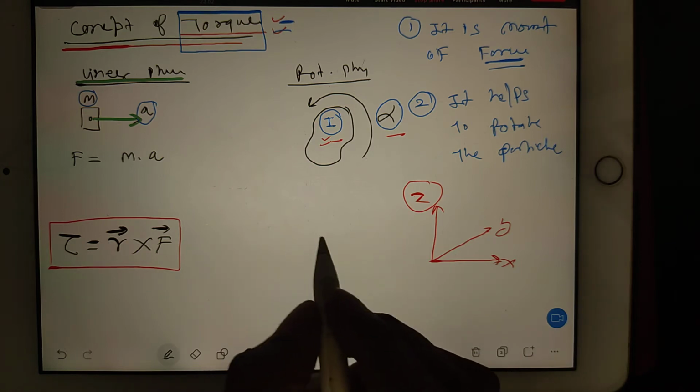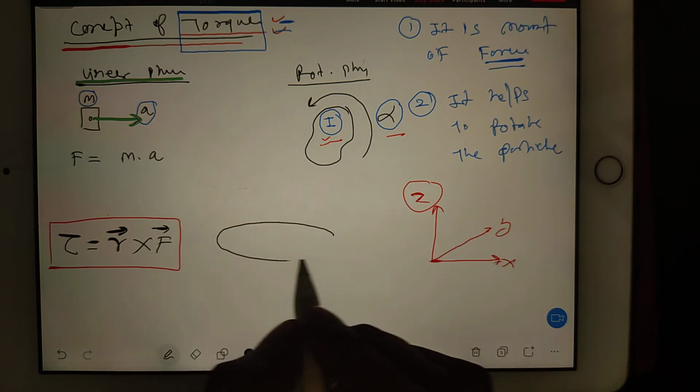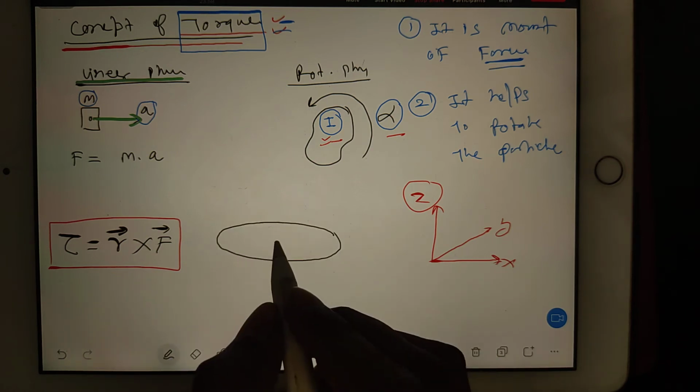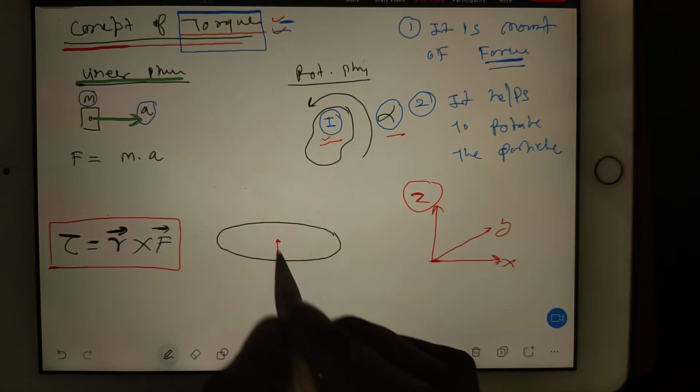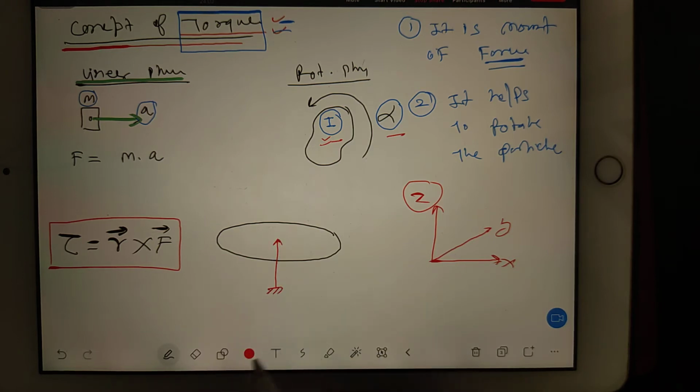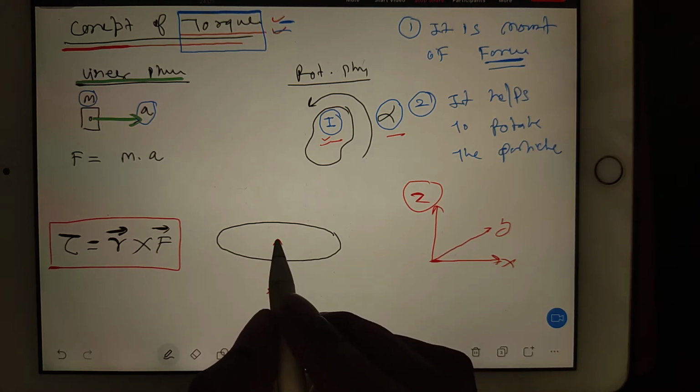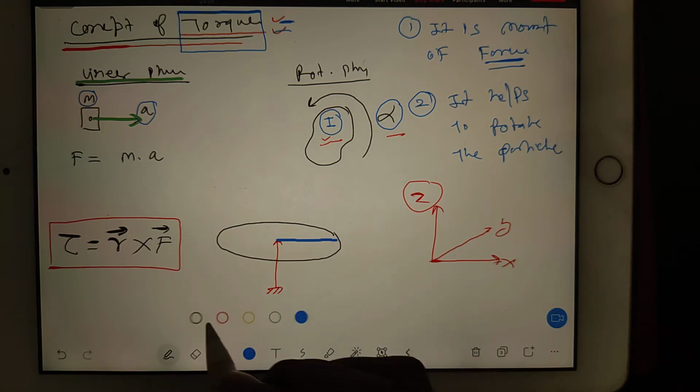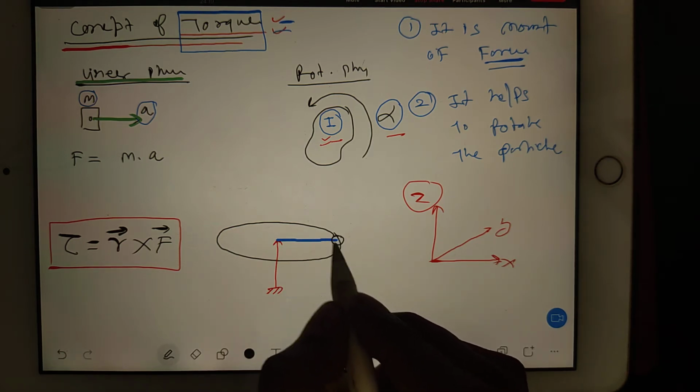you take it like this. Suppose this is a tire, or a wheel or something, and here you have a spindle. This spindle is hinged here, and suppose there is one small object here.